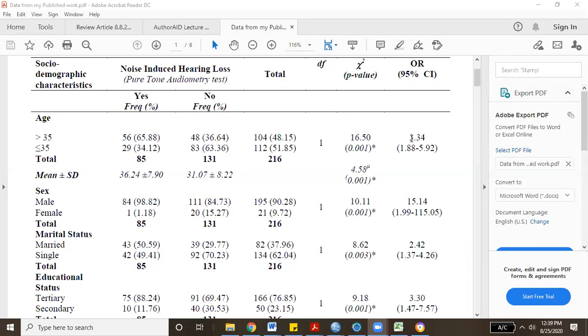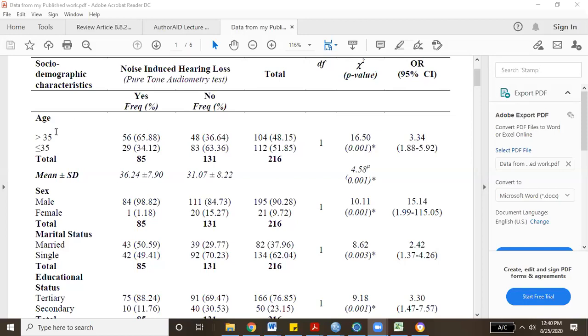So if I'm going to interpret my odds ratio, which is 3.34, my grammar will change. What I would now say is music instrumentalists that are older than 35 years are 3.34 times more at odds, or more likely, to experience noise-induced hearing loss.